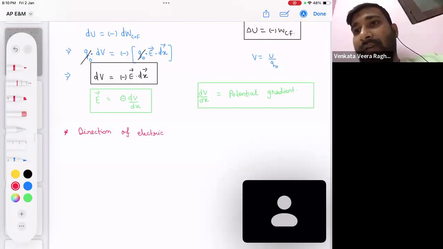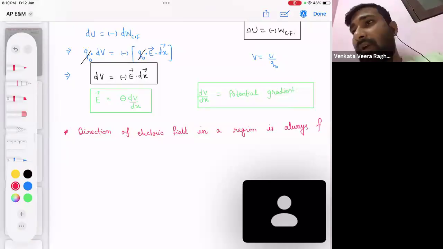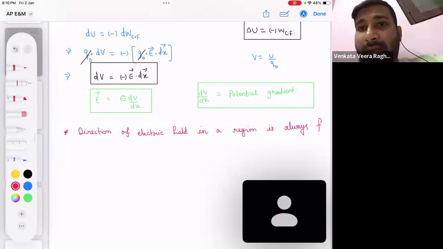The direction of electric field in a region is always from high potential to low potential. Understood?